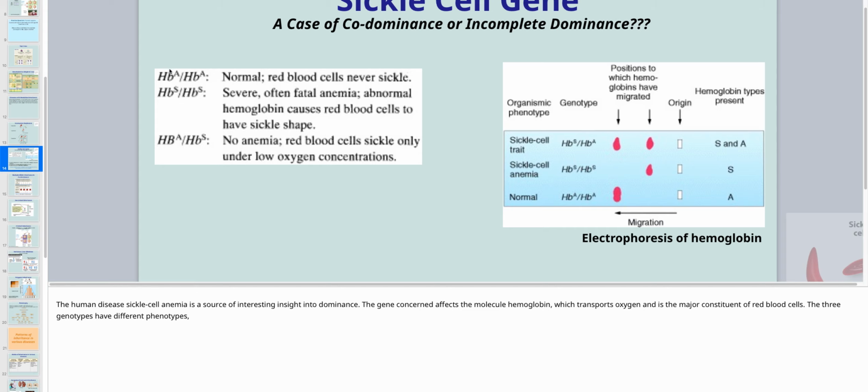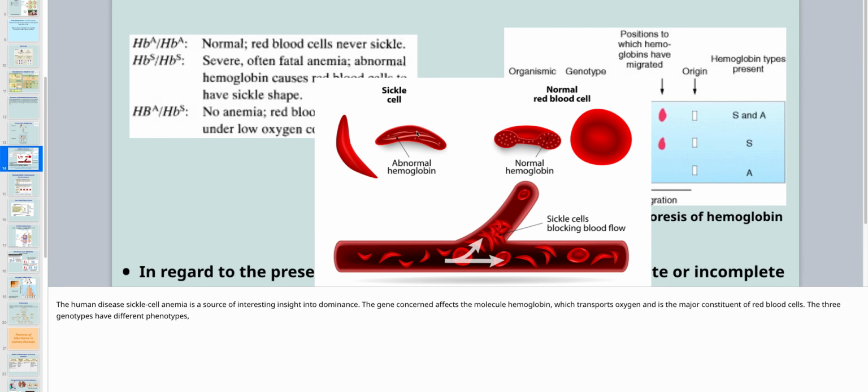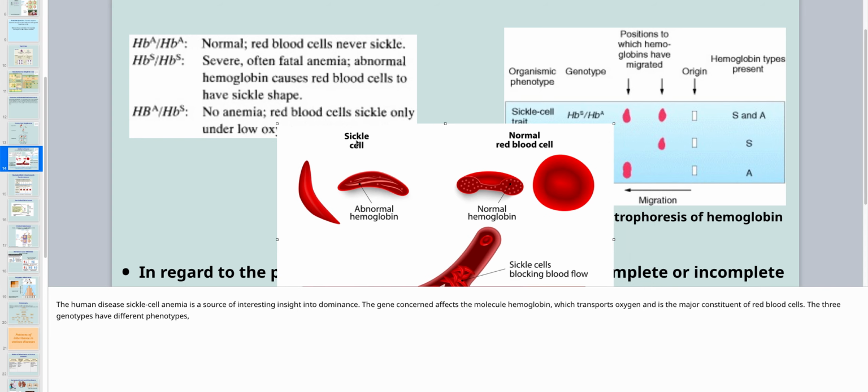Hemoglobin is the protein that allows your red blood cells to carry oxygen. I found this web image. Most of us who don't have sickle cell conditions have normal hemoglobin, hemoglobin A, the allele HbA. So we have 2 copies of the normal allele, and our red blood cells never sickle.